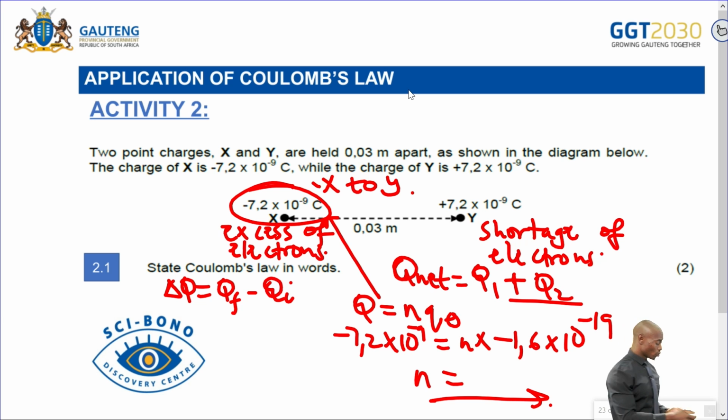According to our examination guideline, the magnitude of the electrostatic force between point charges is directly proportional to the product of the magnitude of the charges and inversely proportional to the square of the distance between them. So that is Coulomb's law.